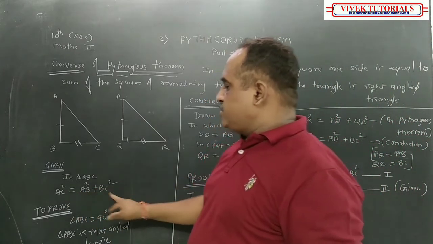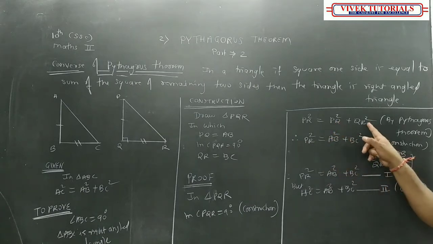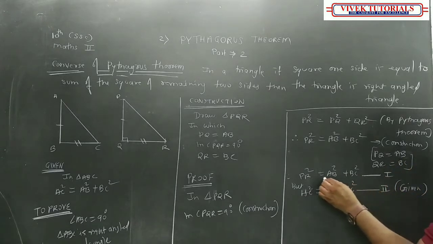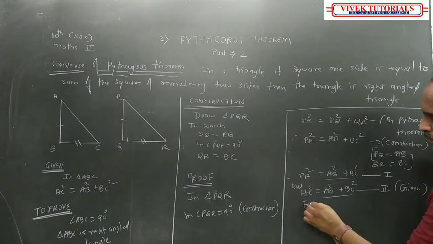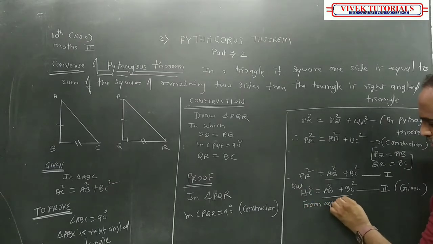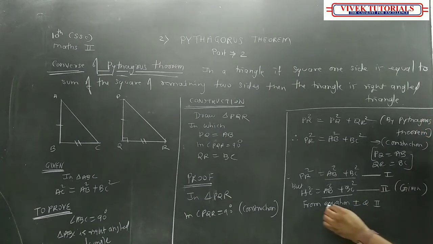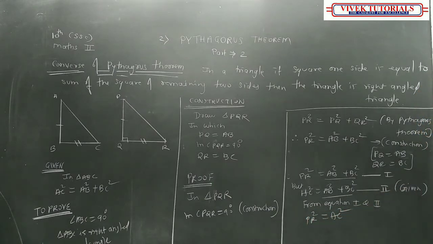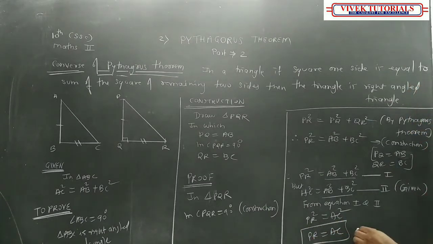यहाँ तो दिया ना AC square is equal to AB square plus BC square, और यहाँ PR की जगह पे, PQ की जगह पे AB डाला, BC की जगह QR डाला, so what you got, PR square. If you compare equation 1 and 2, right hand side अगर equal है, so what I can write from equation 1 and 2, what I got, PR square is equal to AC square. मतलब PR is equal to AC हो गया.